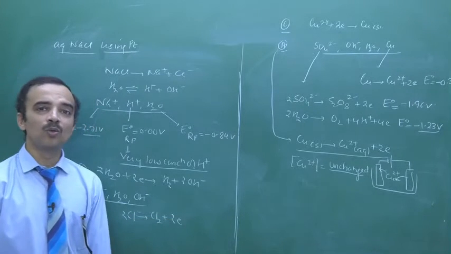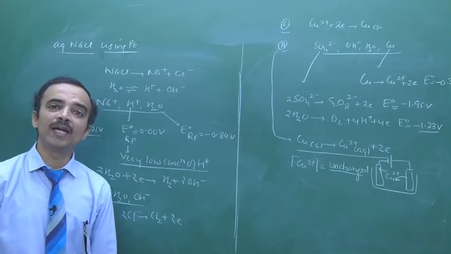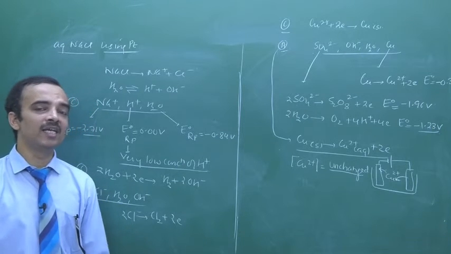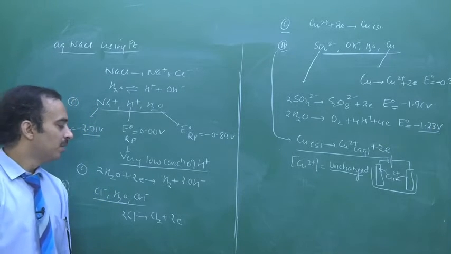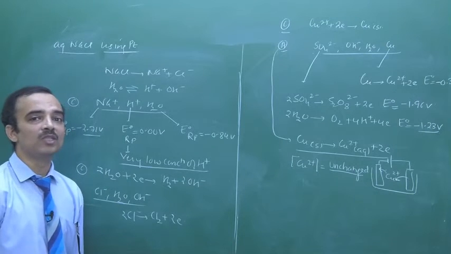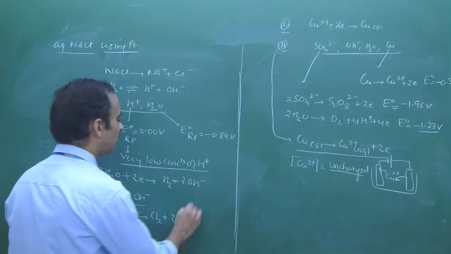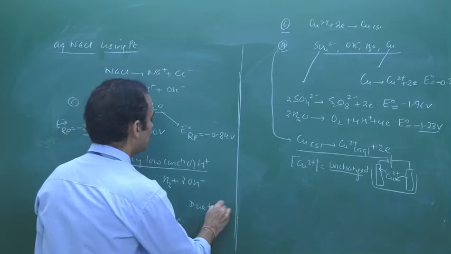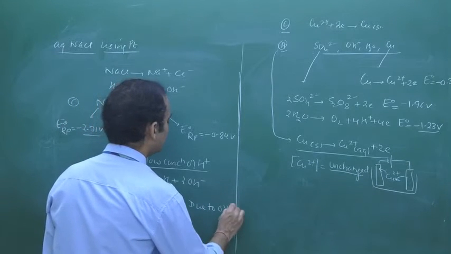Now why is it so? We were expecting H2O to get oxidized and it is Cl minus which is getting oxidized. It is due to overvoltage.